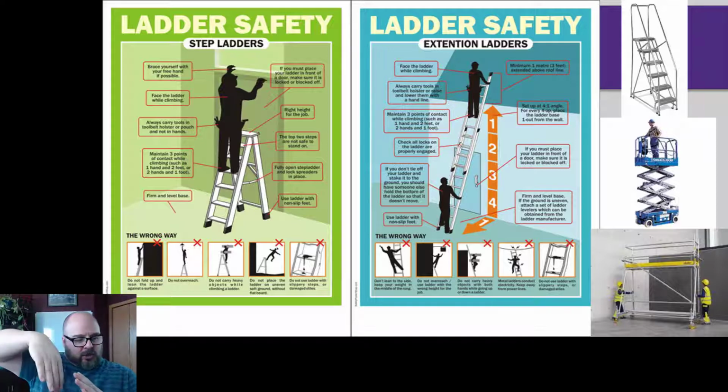You don't want it to be too steep because then it's more likely to fall backwards. You don't want it to be too flat because then it's putting too much force at the bottom, the foot of the ladder, and it could slip out. You should make sure it's a level surface, that it's a stable surface, because when you're actually climbing up the ladder, you don't want the base to give, because then you're going to go down.